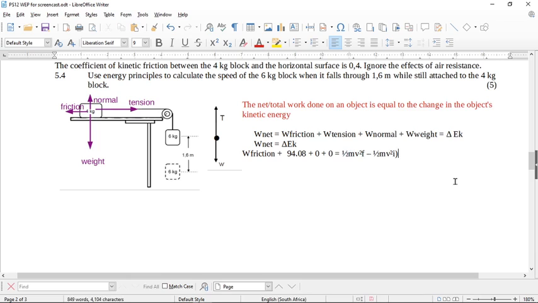Okay, I'm going to put this in brackets, and I'm going to put the 4 outside the bracket to show you this is for the 4 kilo block. Okay. And then we have to add the same thing, the change in kinetic energy, for the 6 kilo block.